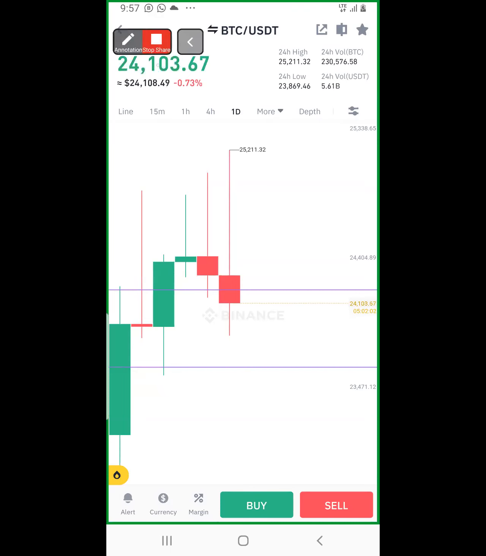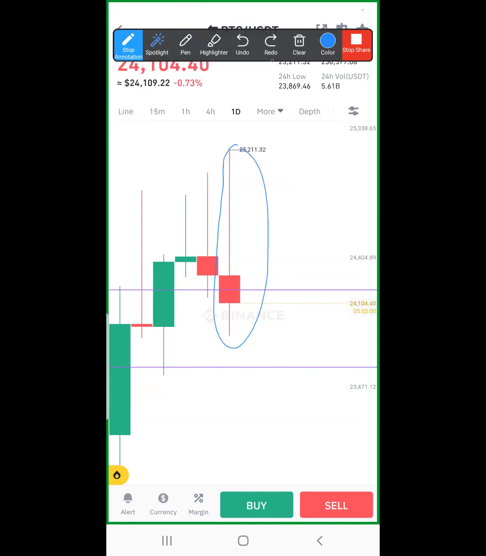This was the previous day. That day closed when the Bitcoin was at this level. So this day started like that, with Bitcoin at that level. So we call that the open. The close of the previous day becomes the open of the new day.